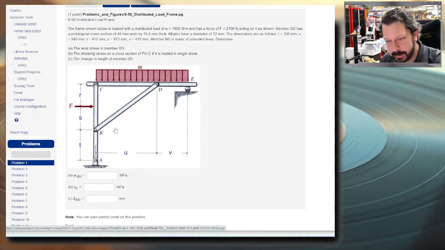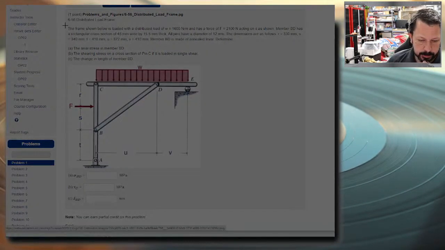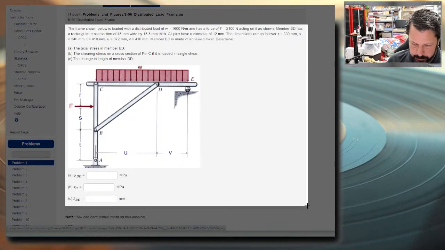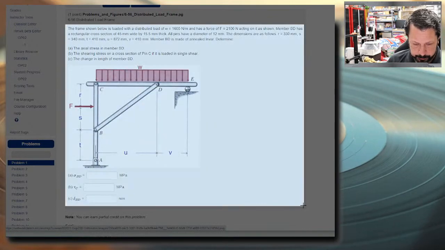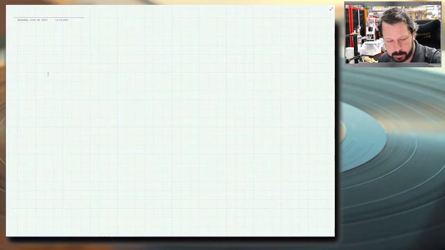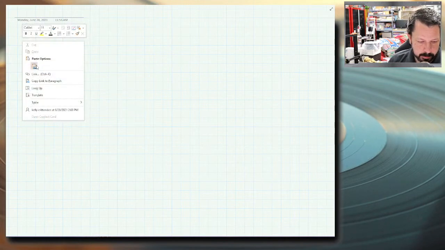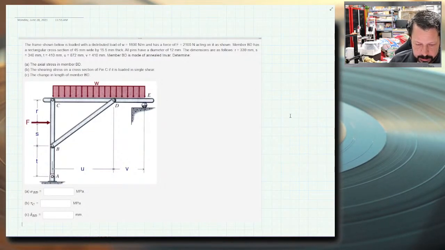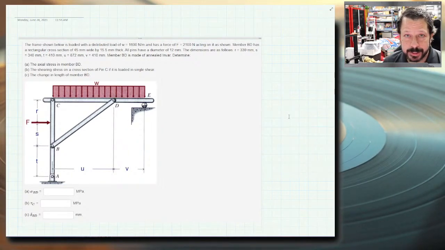So why don't we copy this and take it over to our OneNote page and see if we can work on it. All right. So the first thing typically that you're going to do is decide if it's a frame or a machine.